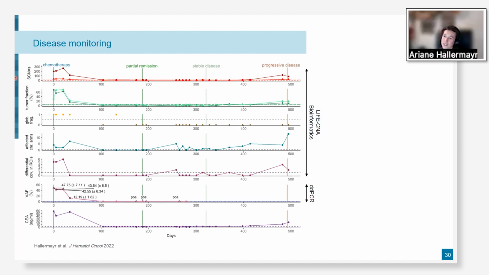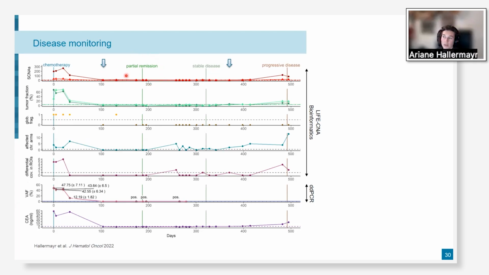And in this plot, you see in each line a different cfDNA feature that was analyzed to predict the presence of ctDNA. Those gray lines always indicate the cutoff above which presence of ctDNA was detected and below which no ctDNA was detected. When emphasizing those 2 time points here, the first arrow marks the time point from which no ctDNA was predicted anymore with live CNA.